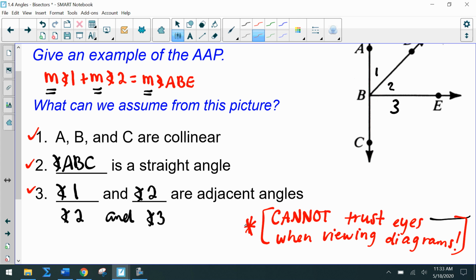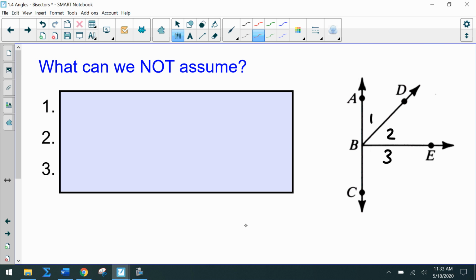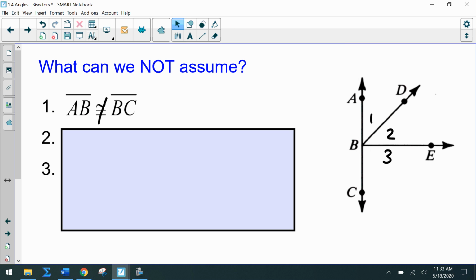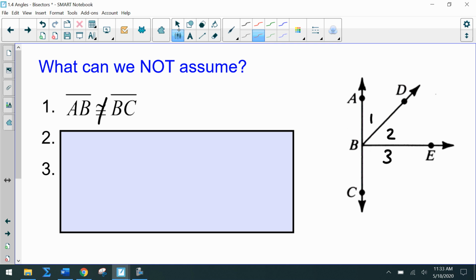Make sure you pause and write down what you can assume, and now we're going to talk about what we cannot assume from this picture. We cannot assume that AB and BC are congruent, so we cannot assume that B is a midpoint.